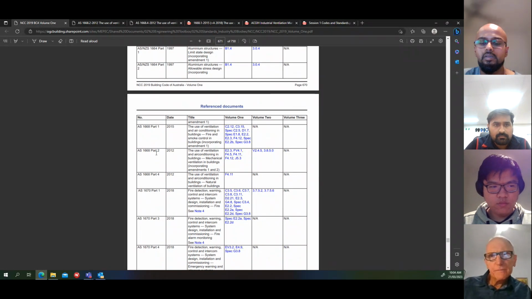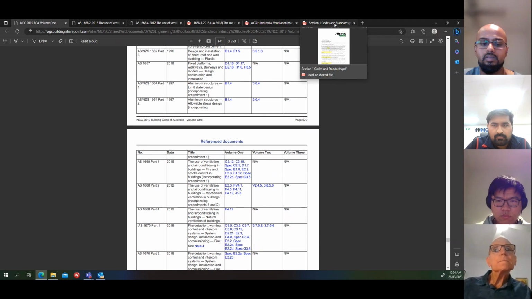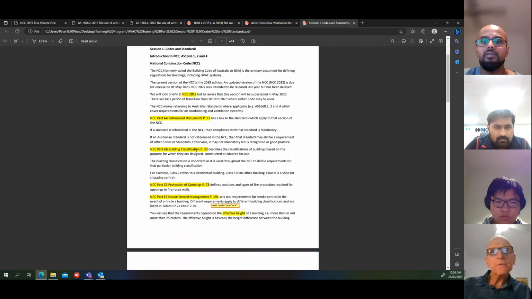And if it's not referenced anywhere, then the fact that there's an Australian standard means that it's accepted best practice, and it's advisable to use that standard, unless you've got a different way of doing it. So we'll go back again. That's what I've said there: it may not be mandatory if it's not referenced in the NCC, but it's recognised as good practice.